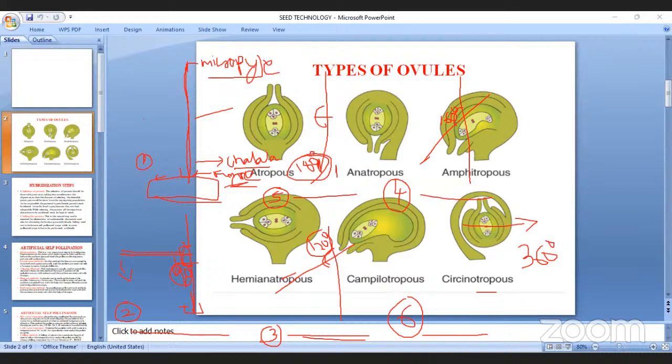But this class follows ovule formation by evolution. From the first, orthotropous, the degree increases 90, hemianatropous, some more increase, campylotropous, some more, amphitropous, and more, anatropous, and the complete full turn of 360 degrees, circinotropous. Circinotropous is mainly found in xerophytes, for example Opuntia. So this is about the types of ovule. Is it clear?